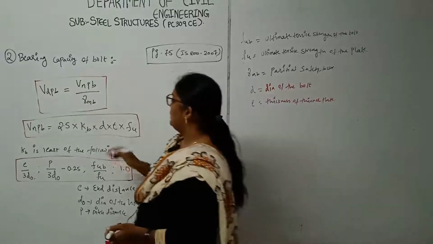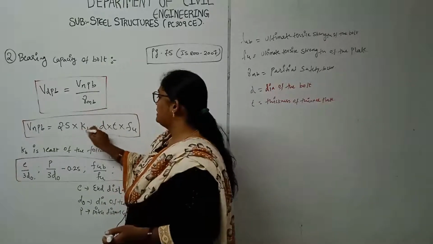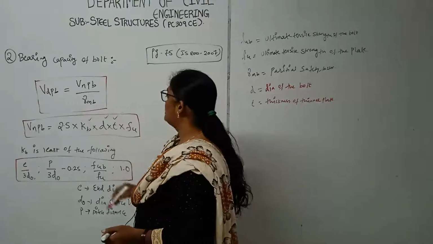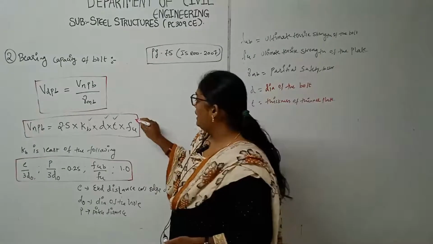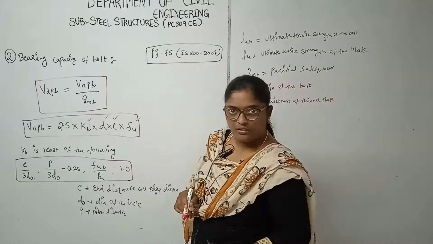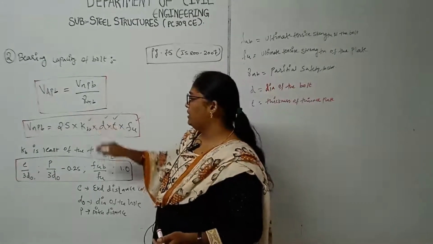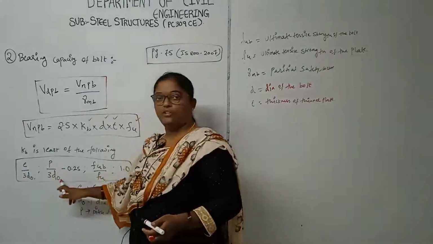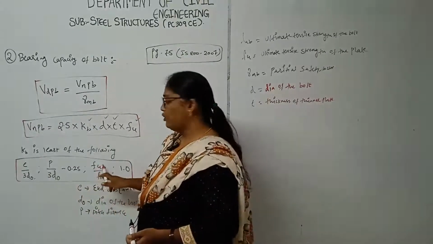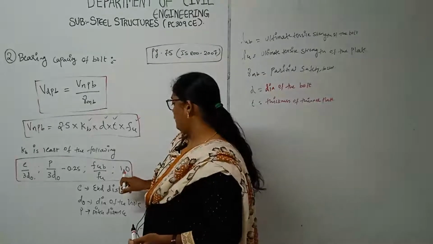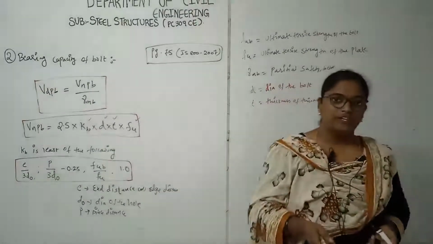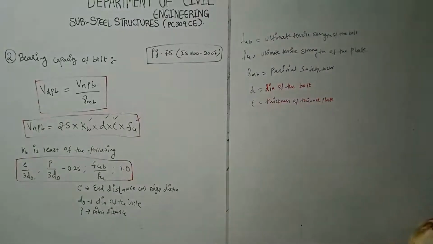We have K_b taken as the least value, d is the dia of the bolt, t is the thickness of the thinner plate, and f_u is the ultimate tensile strength of the plate. Here for K_b: e by 3d_0, p by 3d_0 minus 0.25, f_ub by f_u and 1.0. Whichever the lesser value is there, that value is adopted for K_b.